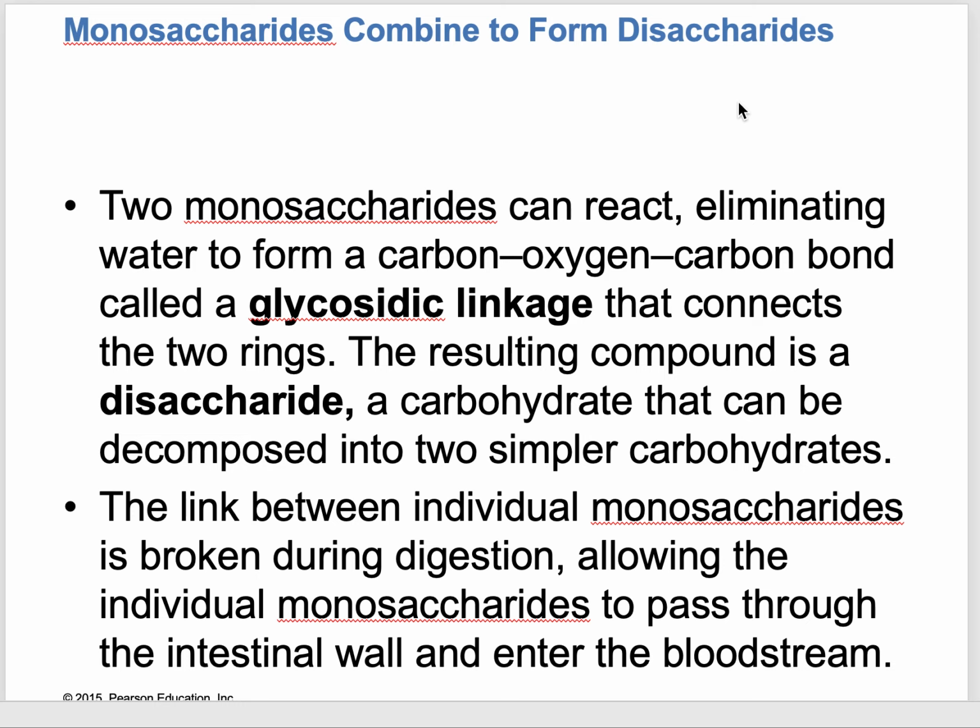And when they connect together, the bond is called a glycosidic linkage. It's actually a chemical bond. It's a covalent bond. It's a very strong bond that connects them together. For example, sucrose, that's table sugar, or lactose, that, as I mentioned earlier, that's milk sugar.